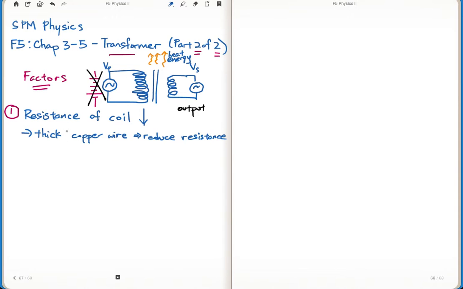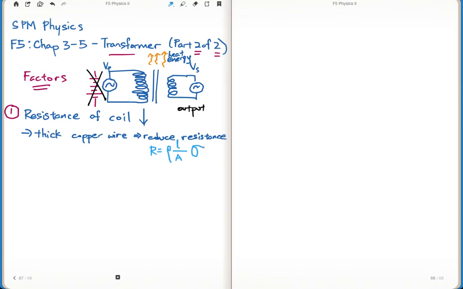So the resistance of the copper wire has to be reduced. Just to refresh your mind, resistance R is equal to resistivity times length over cross-sectional area.